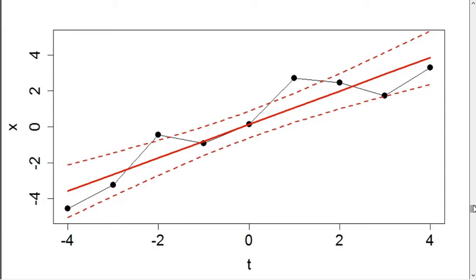By the way, if I were to graph as a solid black line what the actual true signal is by which these data were derived, we would see that our estimate is quite good. Our estimated trend, shown by the solid red line, is very close to the true trend shown by the solid black line. And in fact, the error envelope shown by the dashed red lines, the error envelope for the trend itself, includes the trend at all times.